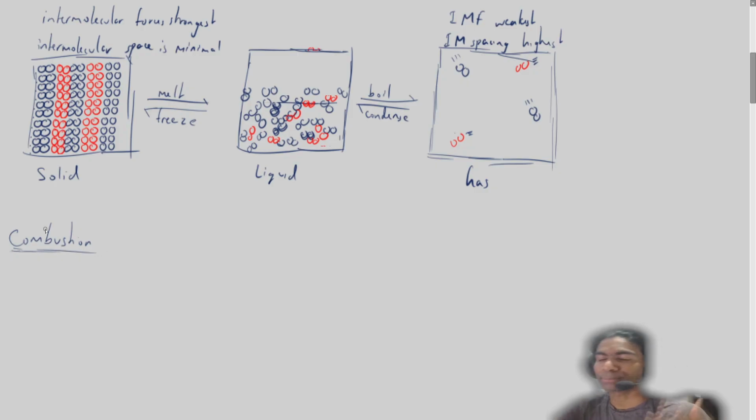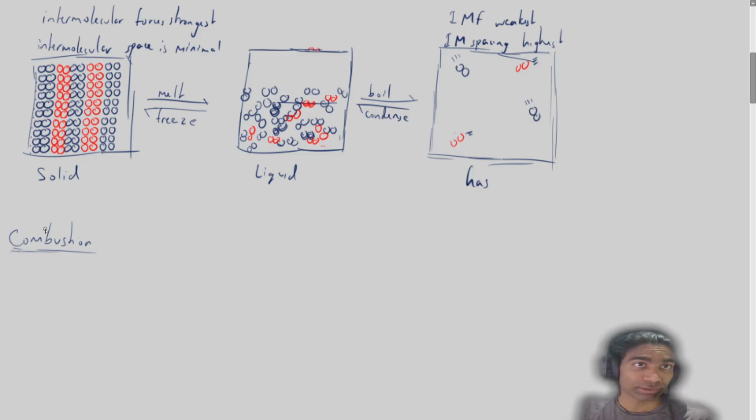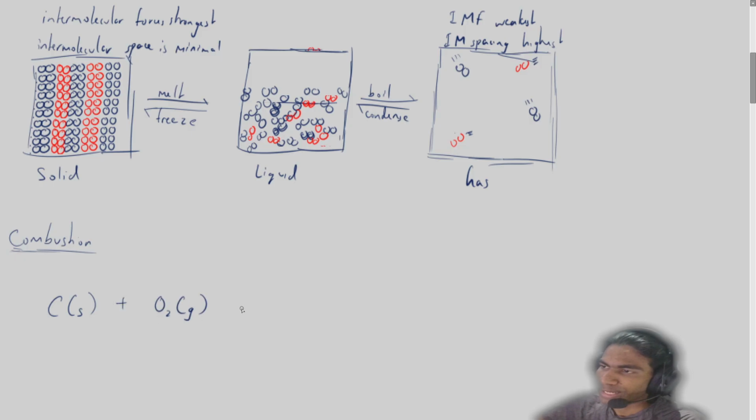Okay, it's the chemical process of reacting something in oxygen to burn it, and this is what it might look like. Okay, so you'd have CH4, or rather than CH4, let me pick something that's maybe more solid. So I'm just going to pick carbon, which is a solid, okay? And that is going to react with oxygen in the air, which is a gas. And in this case, that is just going to produce carbon dioxide, which is also a gas, okay?